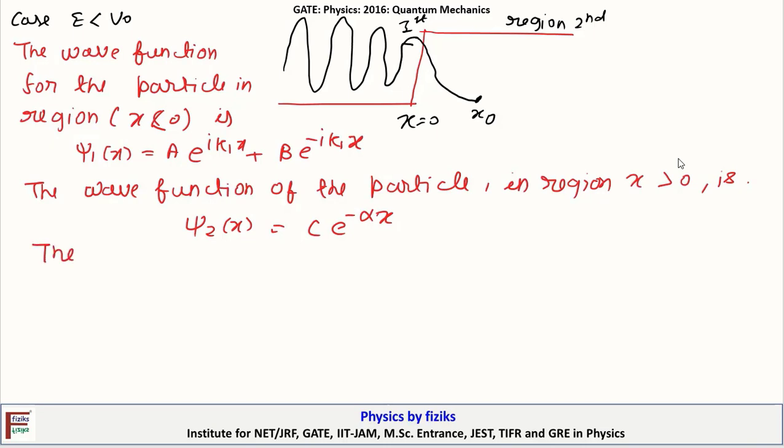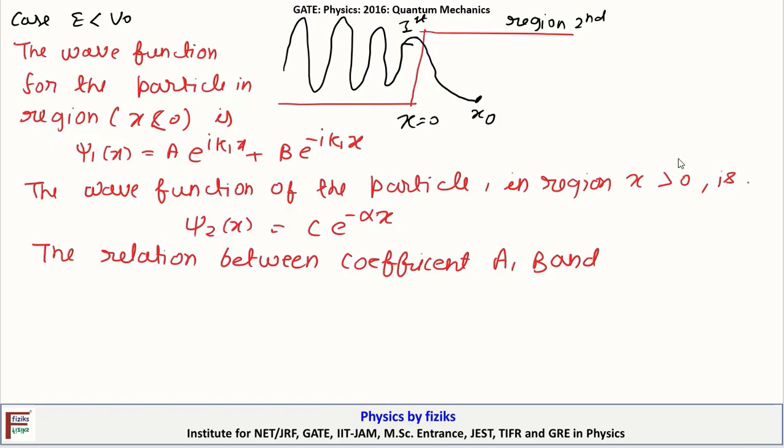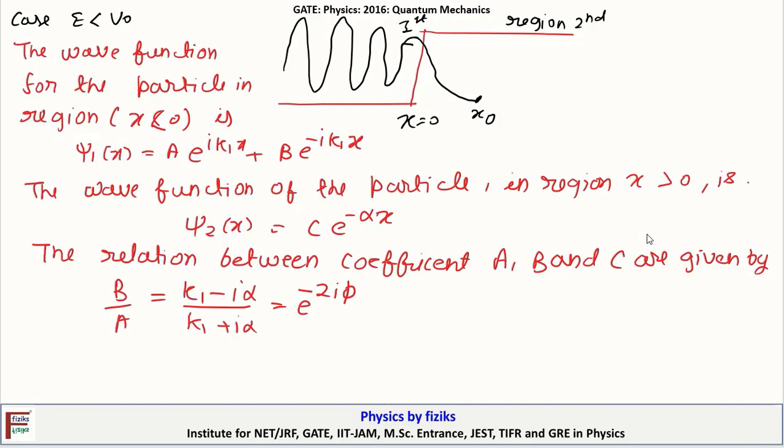The relation between coefficients A, B and C is given by B by A equals (k1 minus i alpha) by (k1 plus i alpha), which equals e to the power minus 2i phi, implying mod B by A is equal to 1.